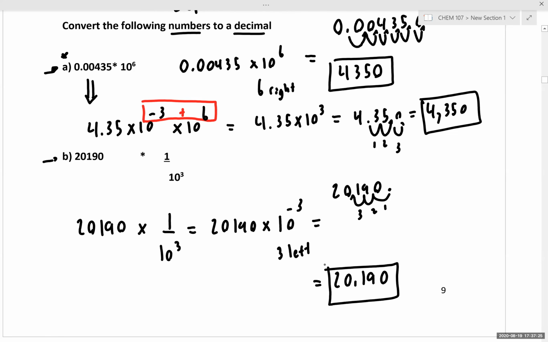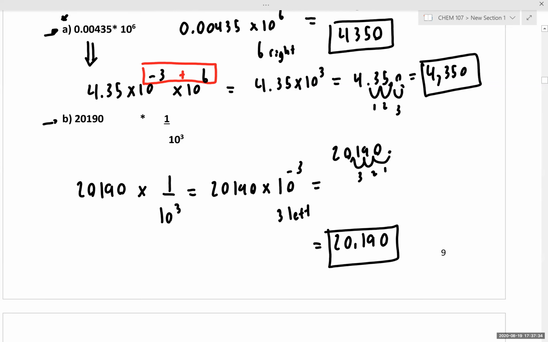So what about the 20.19? Is that the correct answer? Yes, and that's a great segue. If you're dealing with this number in the lab, you'd actually report your final answer as 20.19. And the reason for that has to do with the fact that this 0 is what we call insignificant. It's not a significant figure the way this number is written.